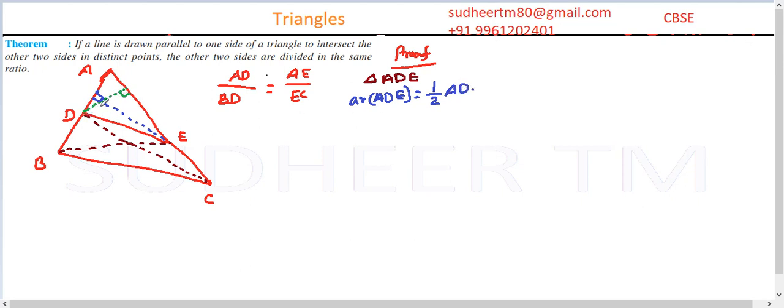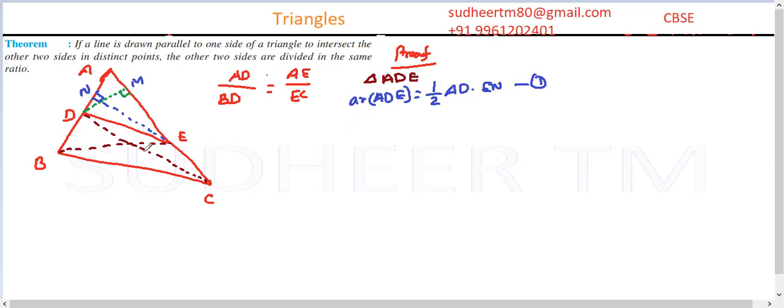Height here is the perpendicular distance. Let's name this point as M and this point as N. So AD into the perpendicular distance, which is EN. So half AD into EN, equation number 1.